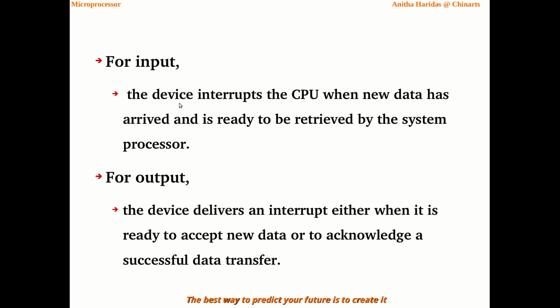Whereas if it is an output device, the output device delivers an interrupt either when it is ready to accept new data or to acknowledge a successful data transfer. So that means data is already put in the data register which has to be taken by the output device. When the output device is ready for accepting the data or it has successfully transferred the data, in both cases it will be interrupting the CPU.